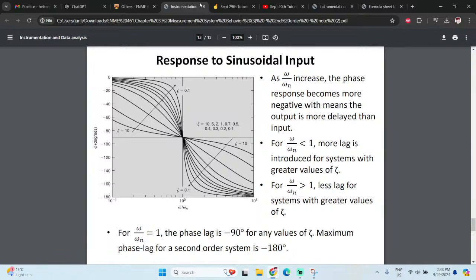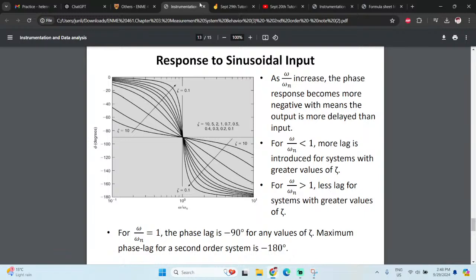So is response time the same as rise time? Response time as a rise time. Yeah, response time has a rise time.